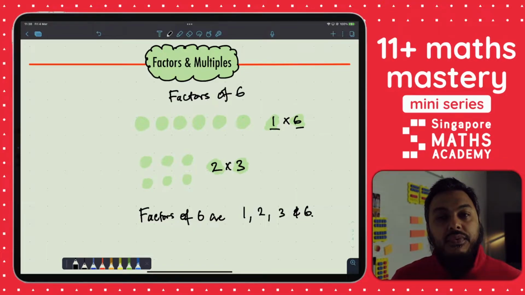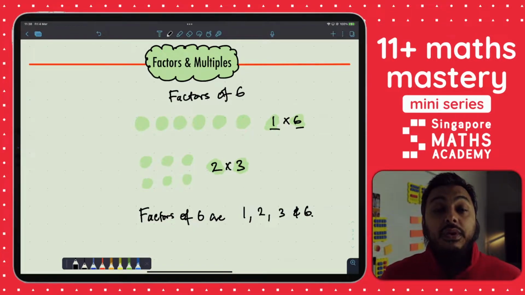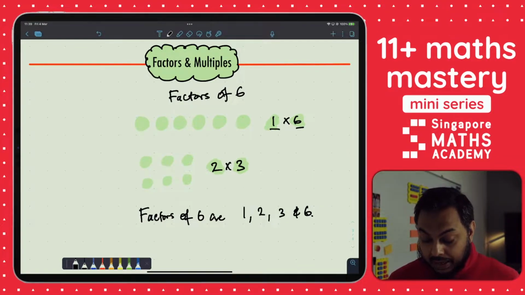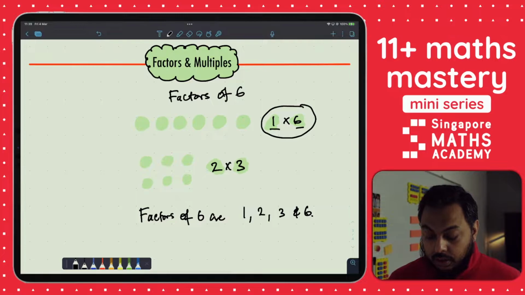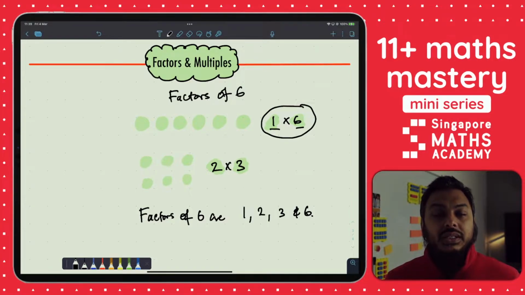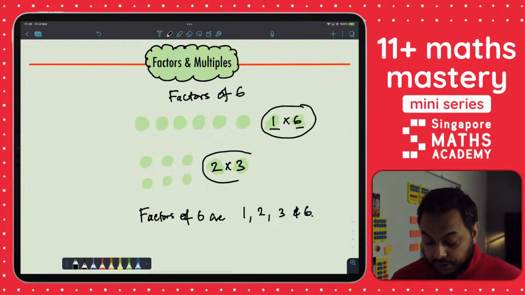Now, when working with factors, it's really important that we're very efficient and we work systematically. The way we work systematically with factors is by thinking about factor pairs. In the first part of our video, we looked at 1 times 6. So 1 and 6 are a pair because 1 times 6 equals 6, and 2 times 3 equals 6.